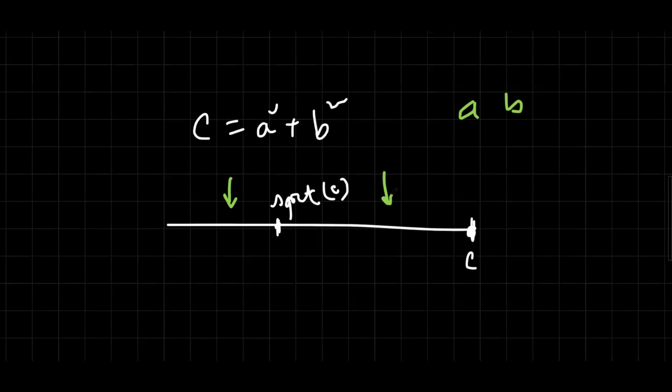Suppose here a is less than b. So here we can say that the value a must appear before the sqrt of c and the value of b must appear after the sqrt of c. So it is one of the intuition.